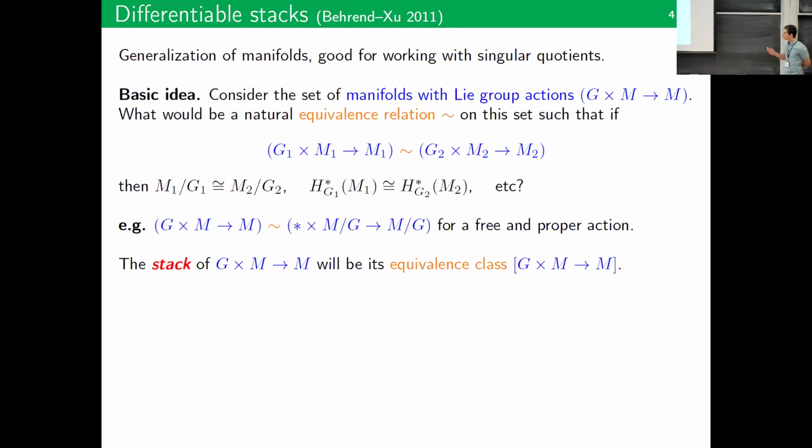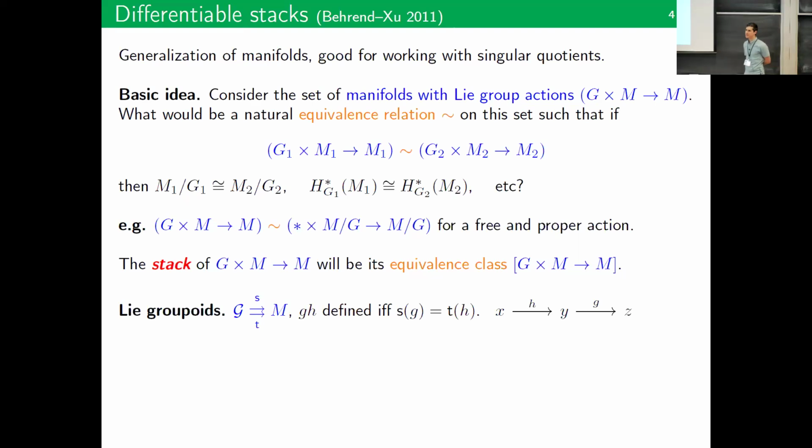It turns out that to answer this question, it's much more natural to do it a bit more generally with Lie groupoids instead of actions of Lie groups on manifolds. So a Lie groupoid is a generalization of a group where the multiplication is defined only if the target of one arrow corresponds to the source of the other one. We can think of them as a space of arrows.